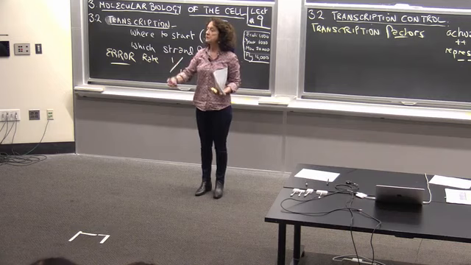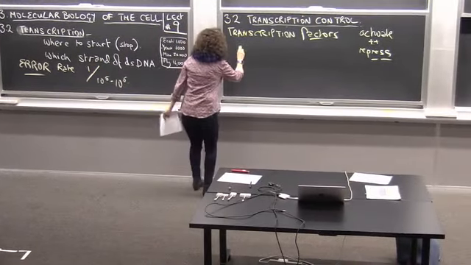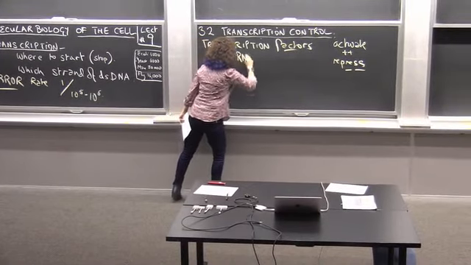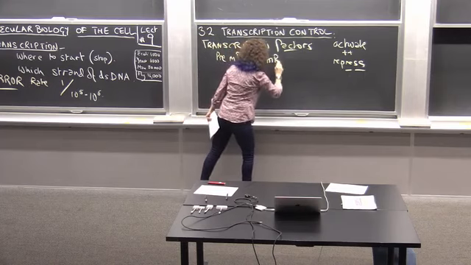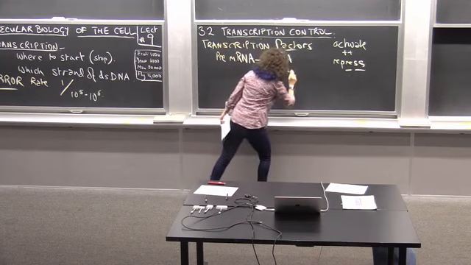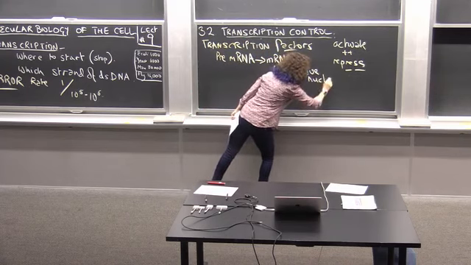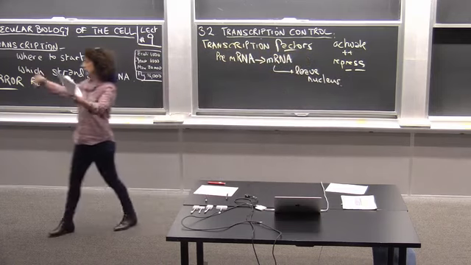And it also includes the machinery that takes a pre-messenger RNA into a mature messenger RNA that can leave the nucleus. If you send that pre-messenger out there, it's going to have a lot of stuff wrong with it.